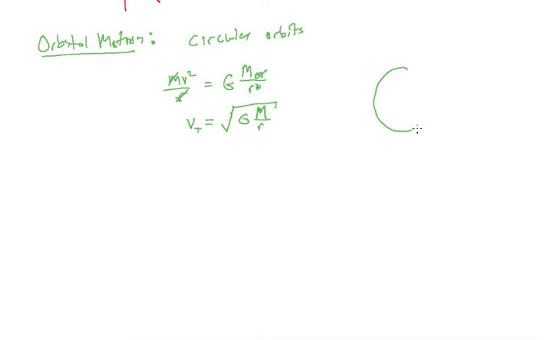So if here's our big central object, that's the capital M. Here's our little m, and this would be its tangential velocity at any moment. We can just use the idea that gravity is a centripetal force. It's making this accelerate toward the center. So we have a centripetal acceleration, and therefore we can just come up with this tangential velocity right there.